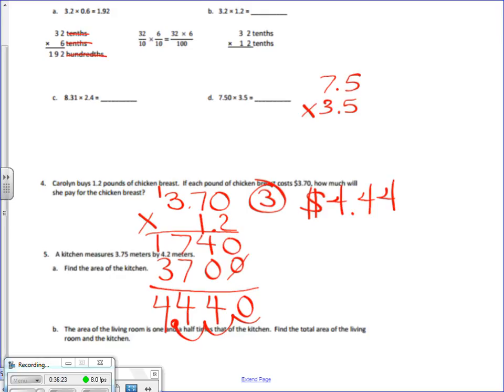Because then you had 3 and 7/10 times 1 and 2/10. I had that extra 0, so I had that extra place value. I had 2 numbers behind the decimal. You only had 1. Does that make sense? Mine was kicked over by 1 extra number.